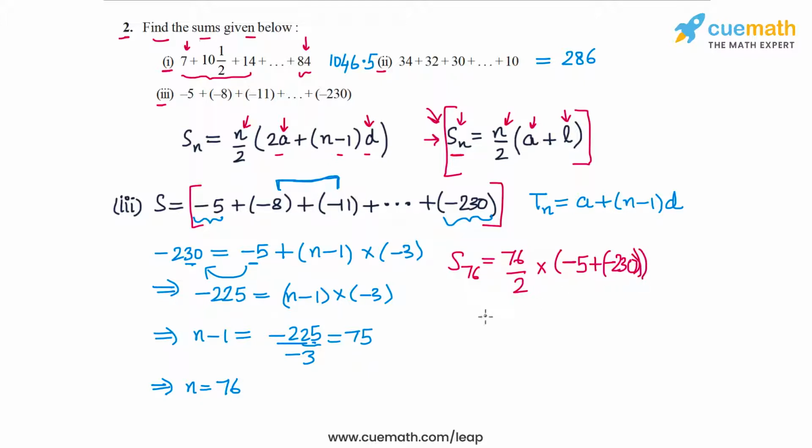So we get 76 by 2, that's 38, into -5 plus -230, which is -235. Now we take this product, 38 into -235, which is equal to -8,930. So the sum in part 3 is -8,930. And with this, all 3 parts of question 2 are done.